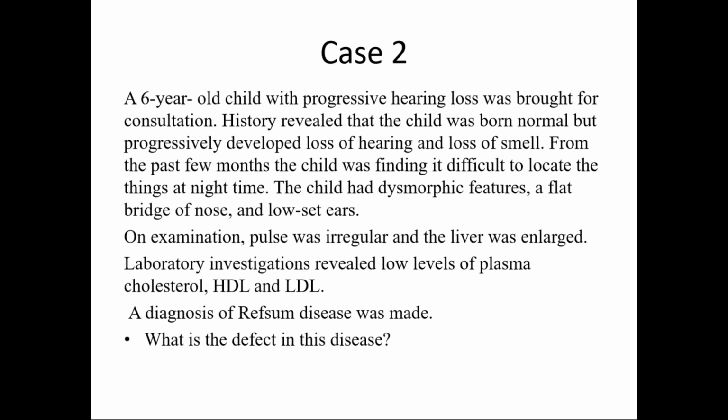On history, it was revealed that the child was born normal, but there is progressive loss of hearing and loss of smell. And from the past few months, the child was finding it difficult to locate things at night. That means there is some kind of neurological problem and a sensory problem here.